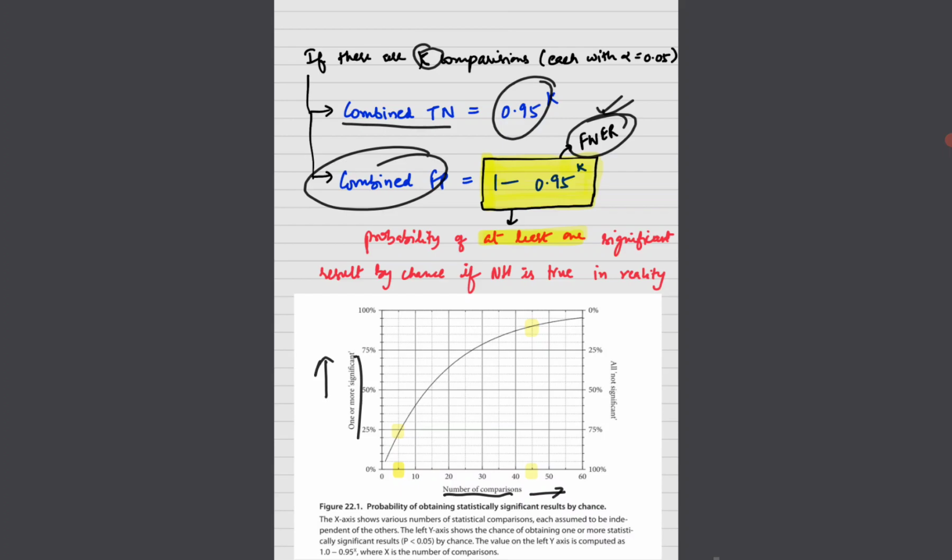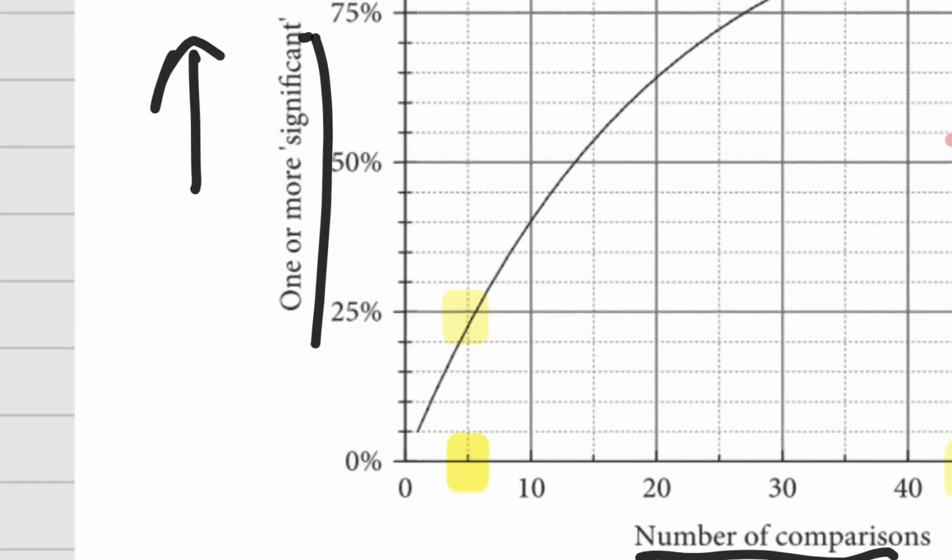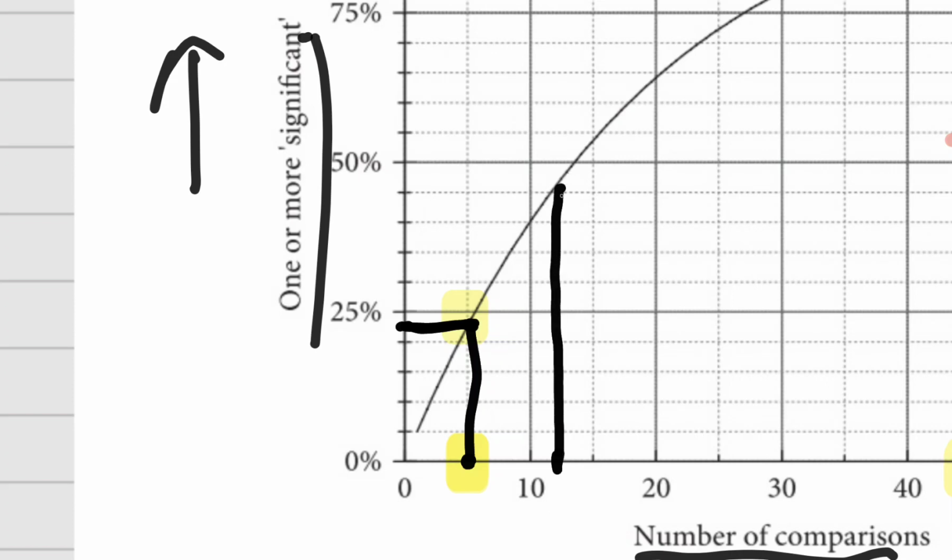We took an example of three independent comparisons, and you can see when we are doing 5 independent comparisons, the family wise error rate is near about, I would say, 20% or something, right? And when the number of comparisons is 13, the family wise error rate is approximately 50%.